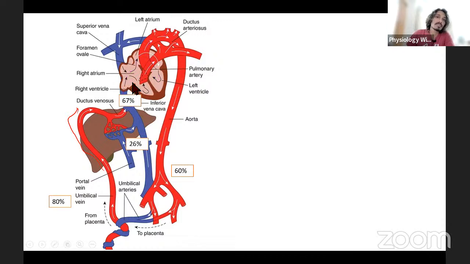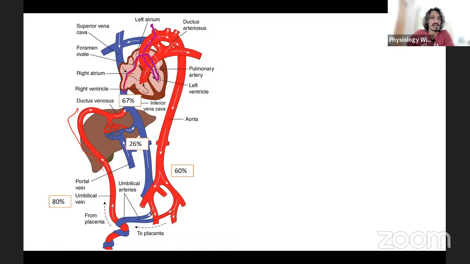It goes from here through the foramen ovale. There's a small hole over there. Through the foramen ovale, it goes to the opposite side. So it does not go from right atrium to right ventricle. Instead, it directly goes from right atrium to left atrium like this, through the foramen ovale.